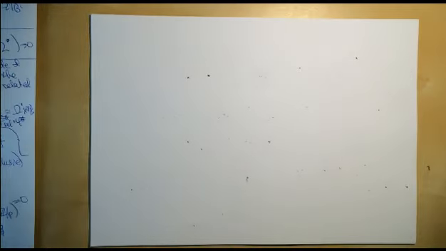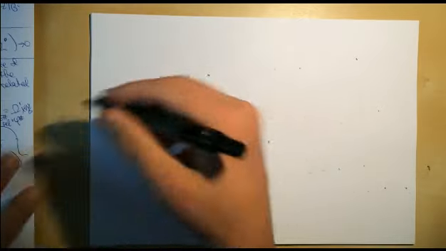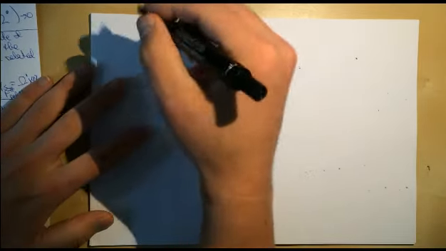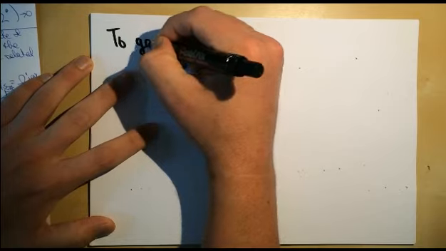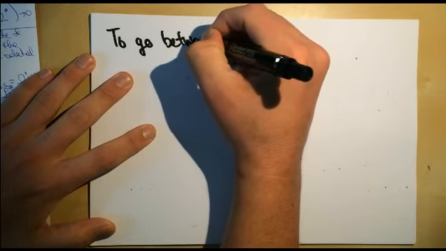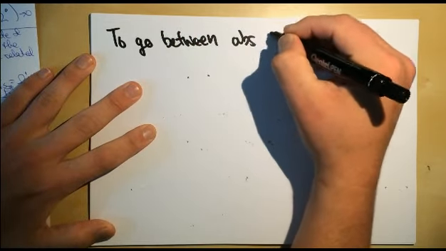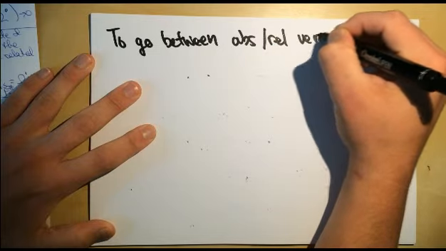I wanted to make a little remark about how to go in between the absolute and relative versions of the Cartier operator.